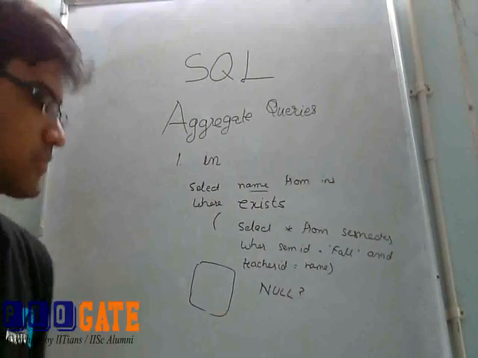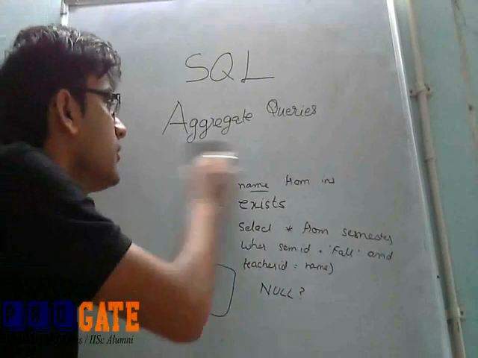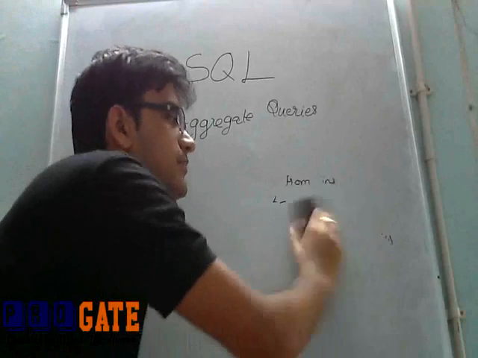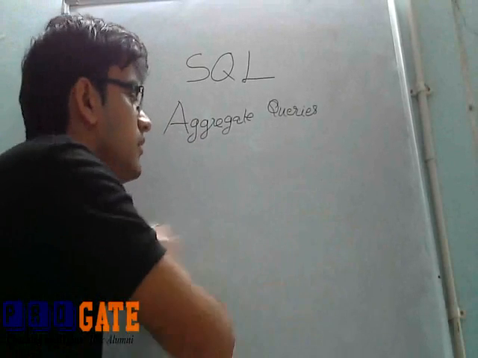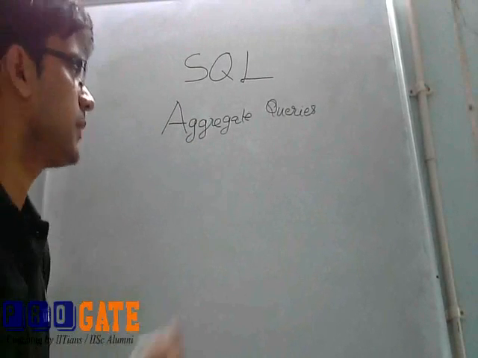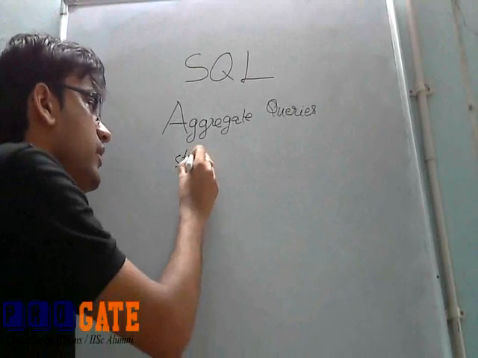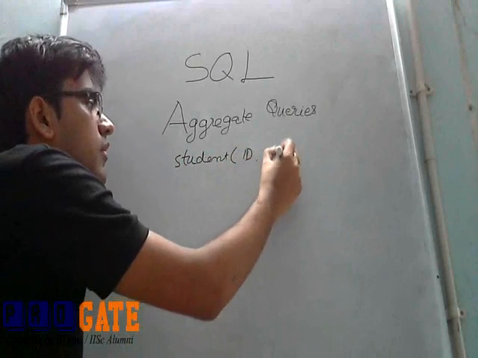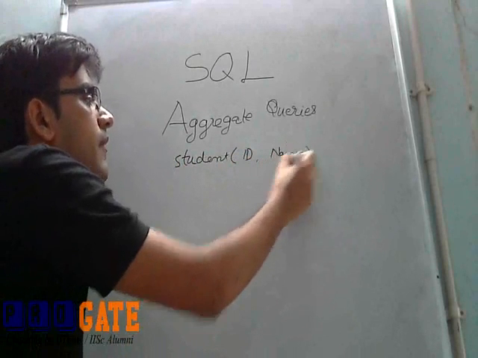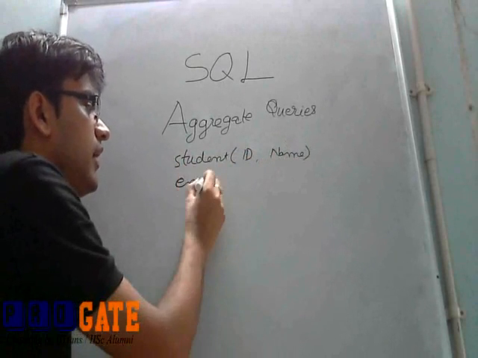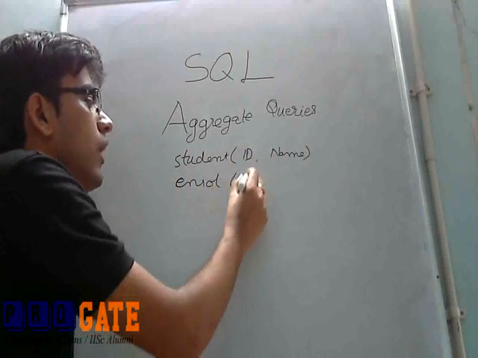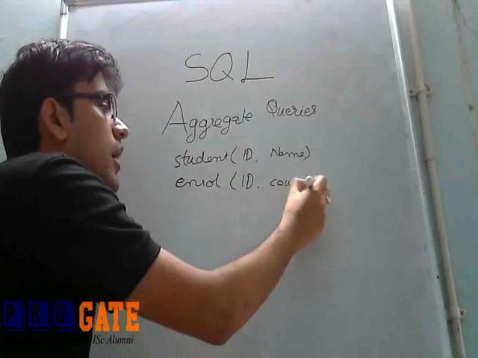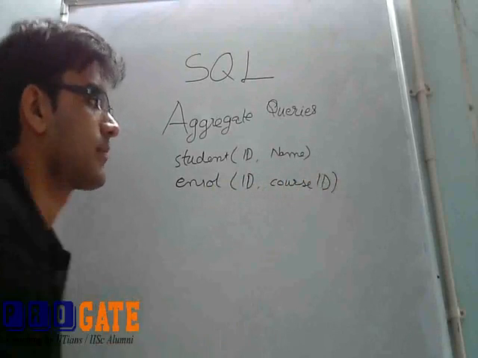So now let us see what are join operations. So the most common join operation is the natural join. Say we have two tables, one of which is student, which has an ID and a name, and an enroll table which has an ID of a student who takes a particular course.